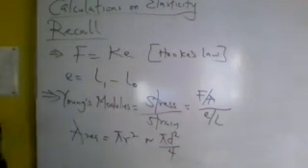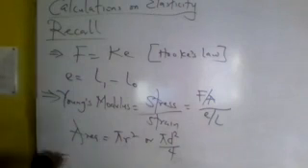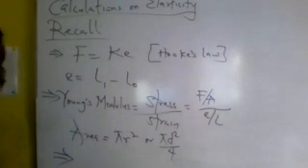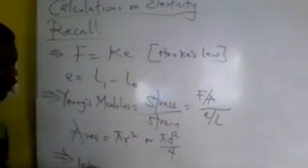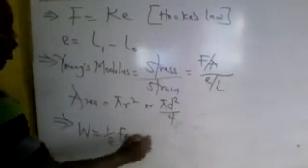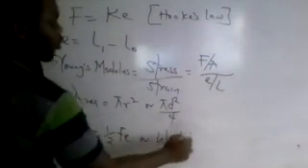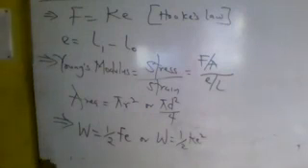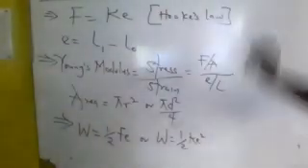Another formula we may come across in elasticity is work done by an elastic material, which is represented as W is equals to 1 all over 2 Fe, or W is equals to 1 all over 2 Ke squared. So basically, these are the formulas to look out for in your study of elasticity, where all of these mean their usual meanings.